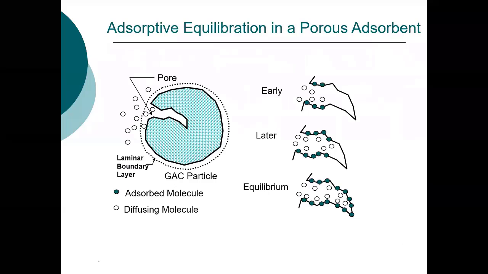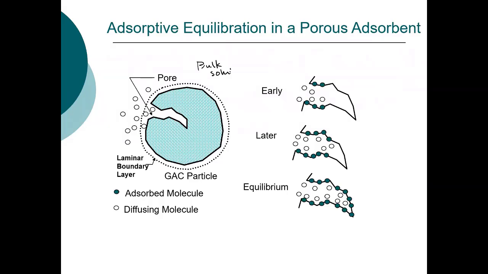And you can see that in this figure here, where we have the bulk solution out here. These are our molecules, so we'll look at these as copper ions from that first. We have a stagnant layer surrounding our particle. So those copper ions have to diffuse through that stagnant layer.